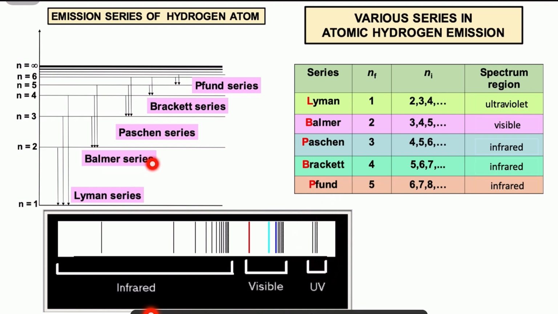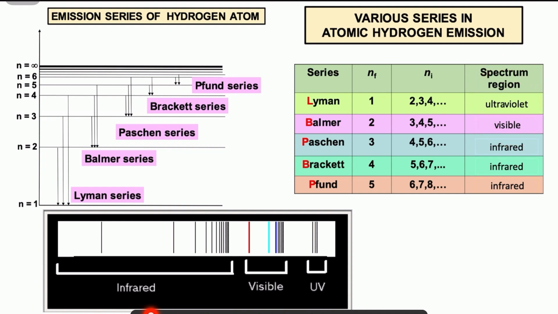For the Balmer series, when an electron makes a transition from a higher energy level, 3, 4, 5, 6, and so on until infinity, and falls back to the lower energy level n equal to 2, it forms the Balmer series.